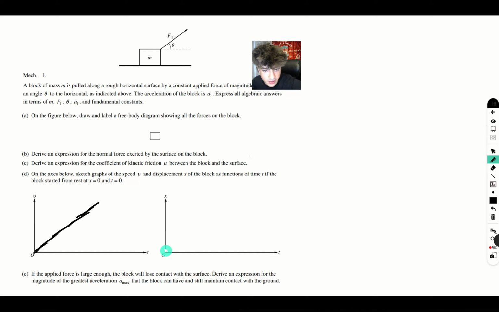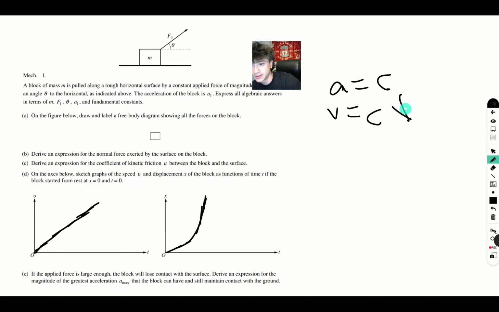Knowing what the common graph looks like, the position one is going to look like this, because if our acceleration is a constant, our velocity is going to be that constant times time, and our position is going to be one half the constant times time squared, assuming it starts at 0 displacement and at rest.